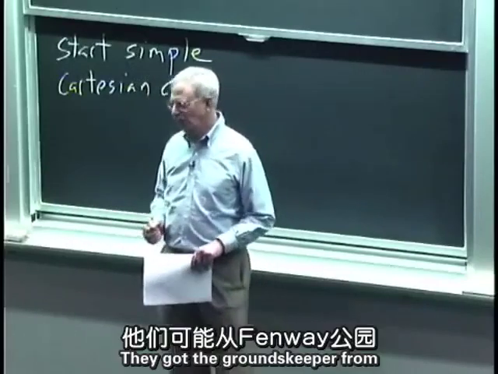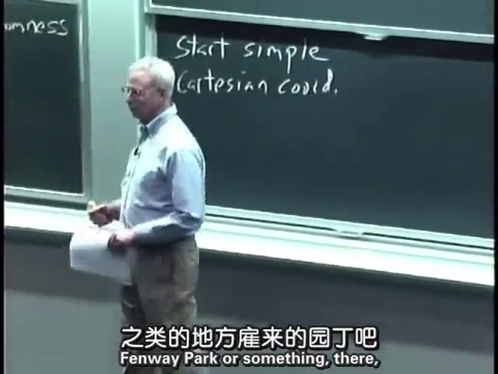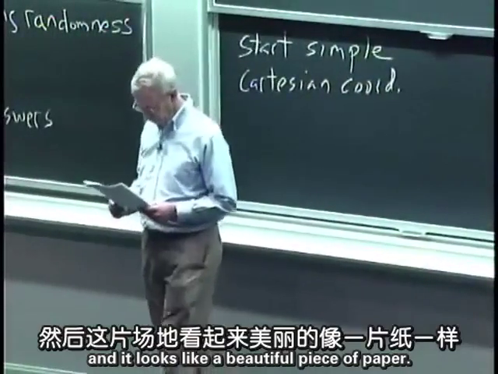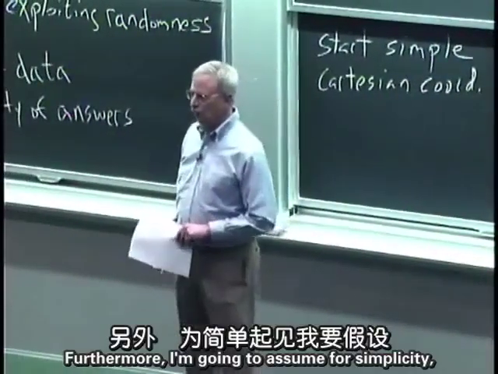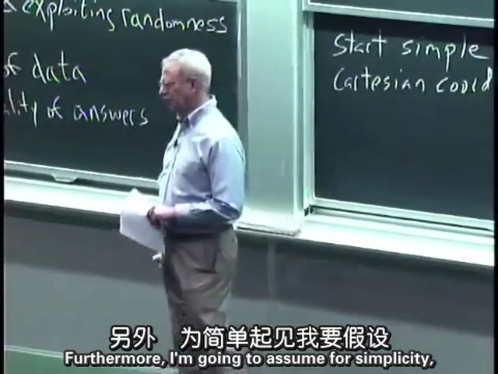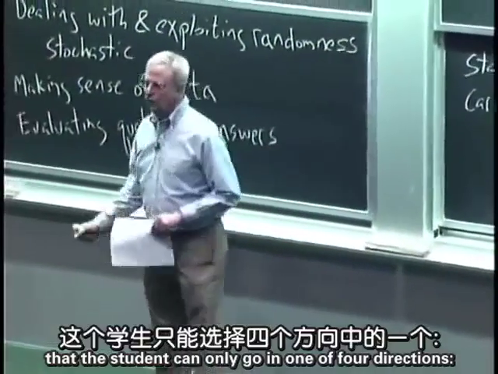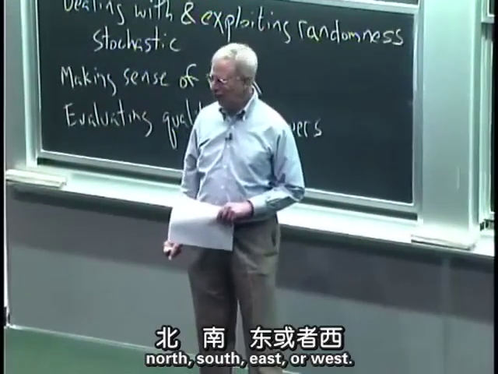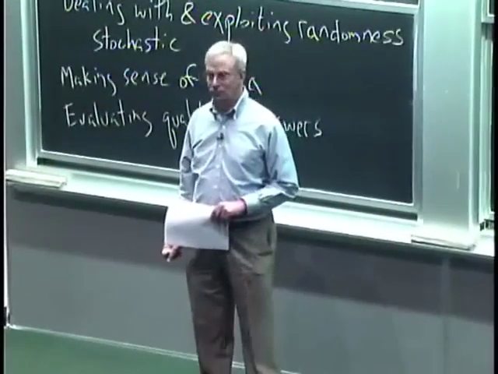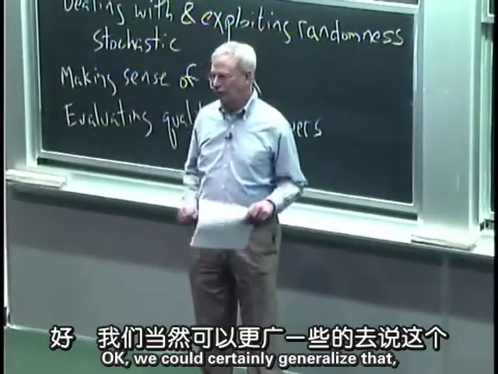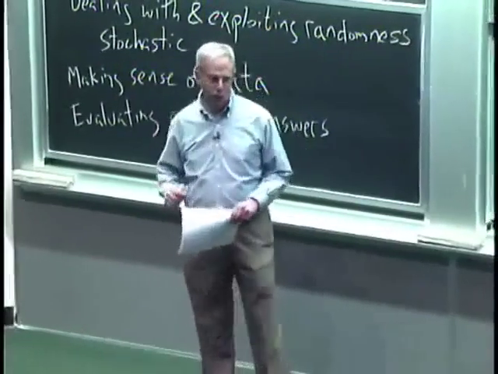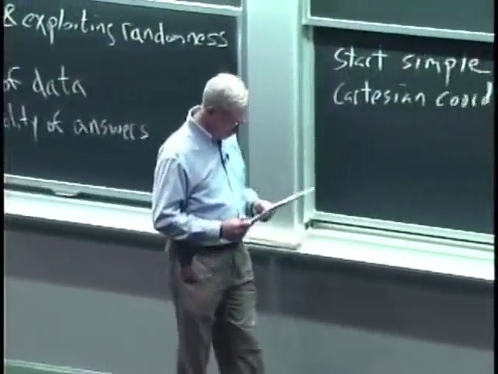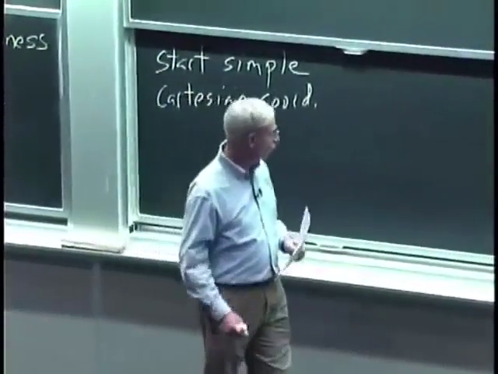Now, they got the groundskeeper from Fenway Park or something there, and it looks like a beautiful piece of paper. Furthermore, I'm going to assume, for simplicity, that the student can only go in one of 4 directions: north, south, east, or west. We could certainly generalize that, and we will, to something more complicated. But for now, we'll keep it simple.